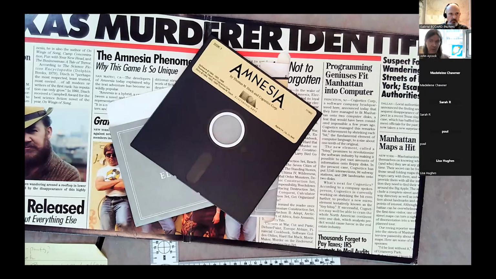In fact, with a trained eye, you can see the logical disk structure and hints about the game's copy protection in this visualization. So this gives us a connection between the physical and the digital worlds.